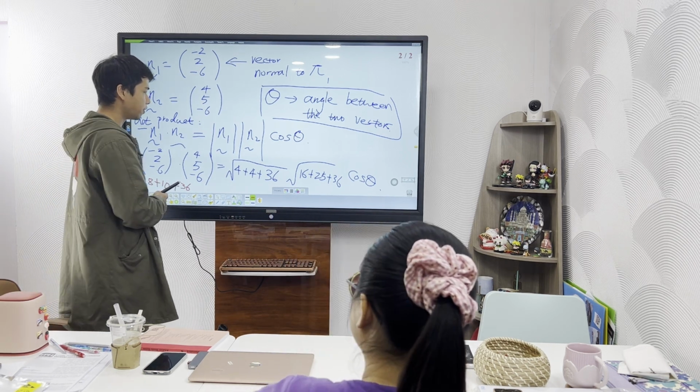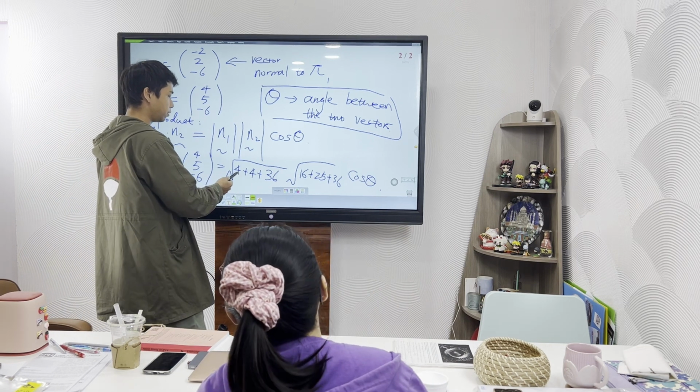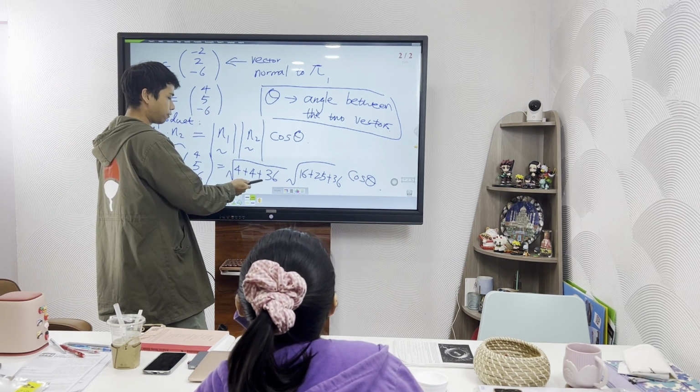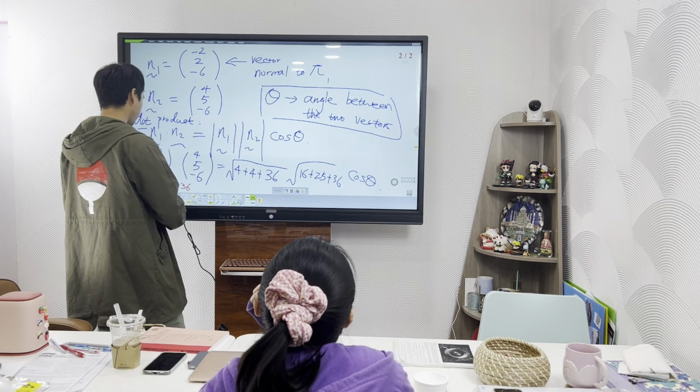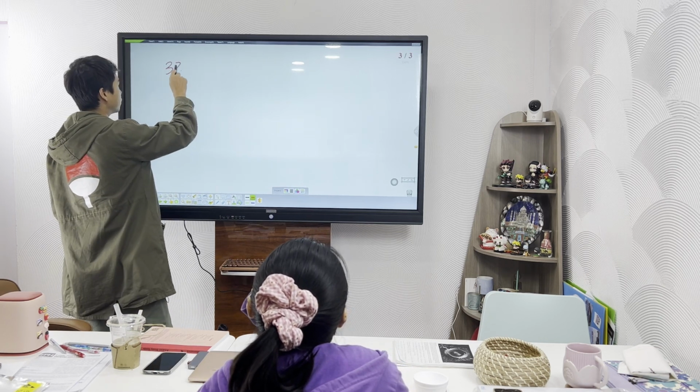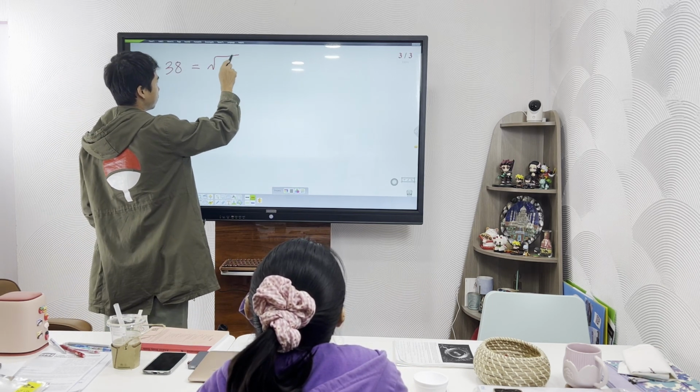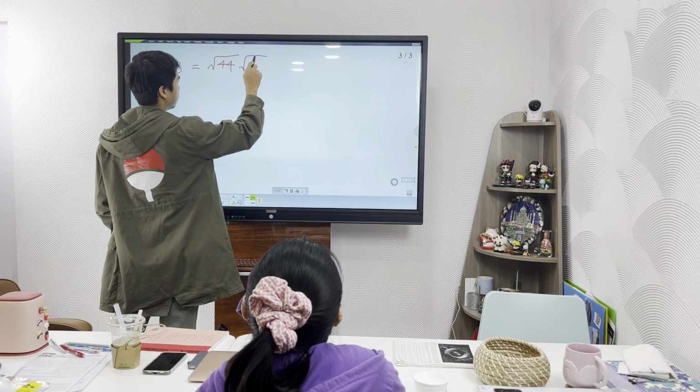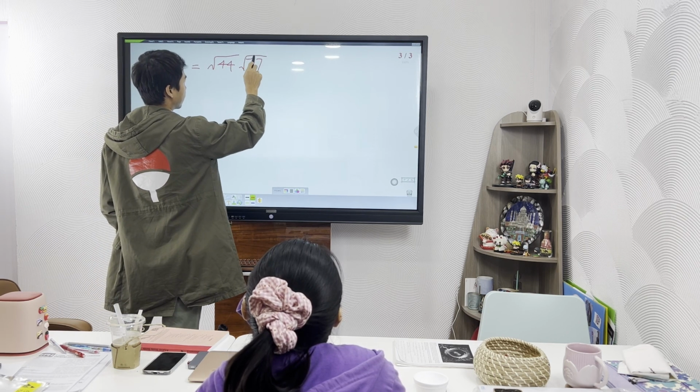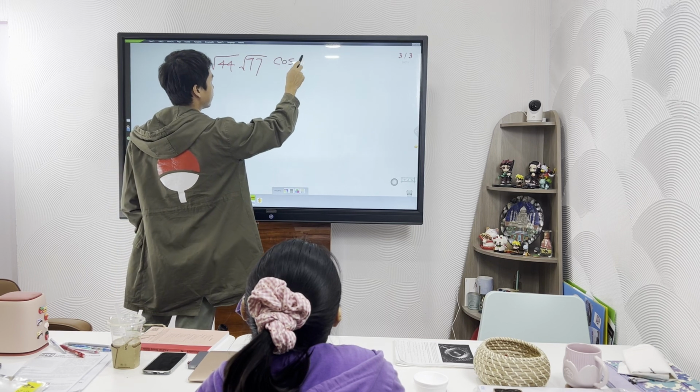Okay, so 38 equals the square root of 44, times the square root of 77, and cosine theta.